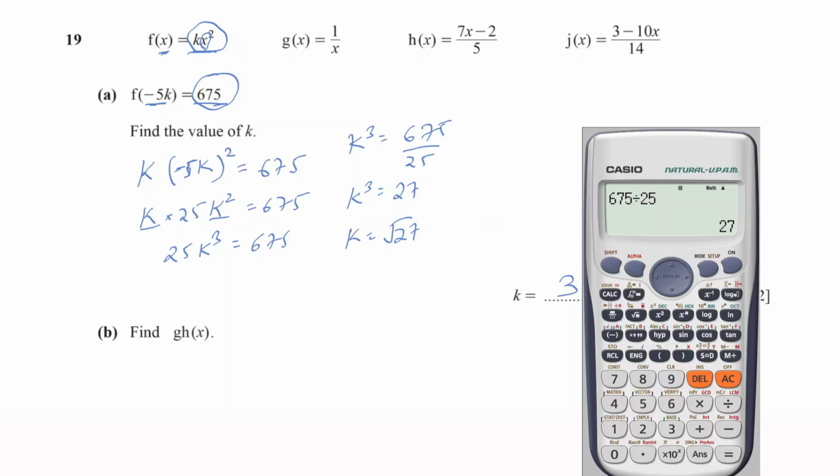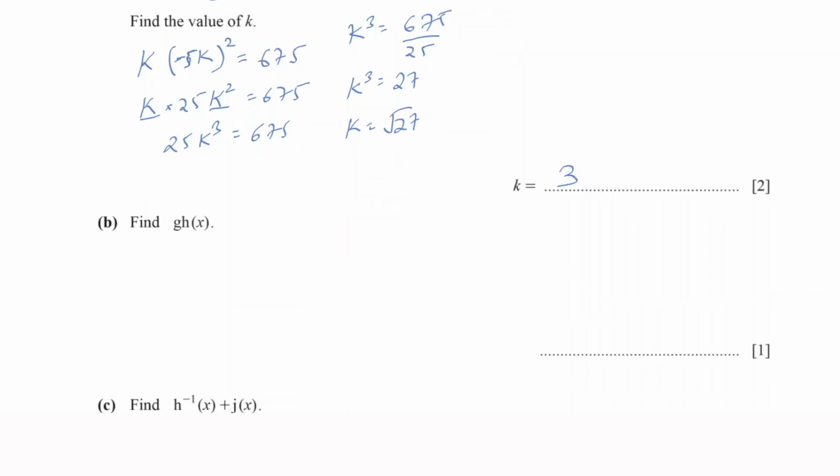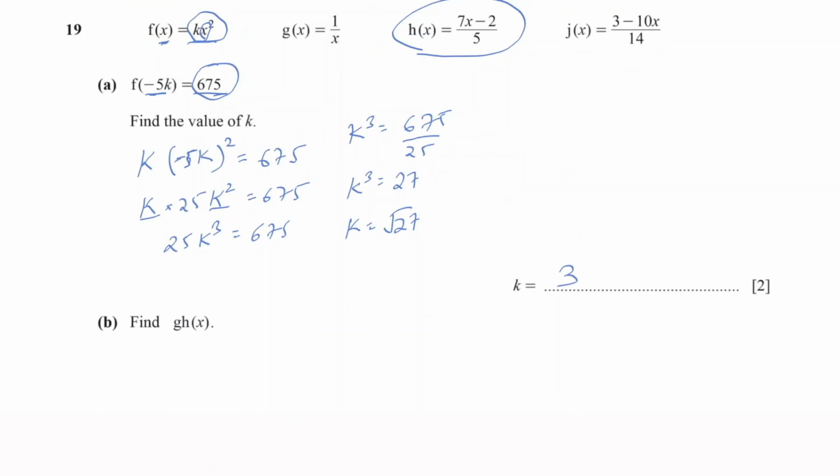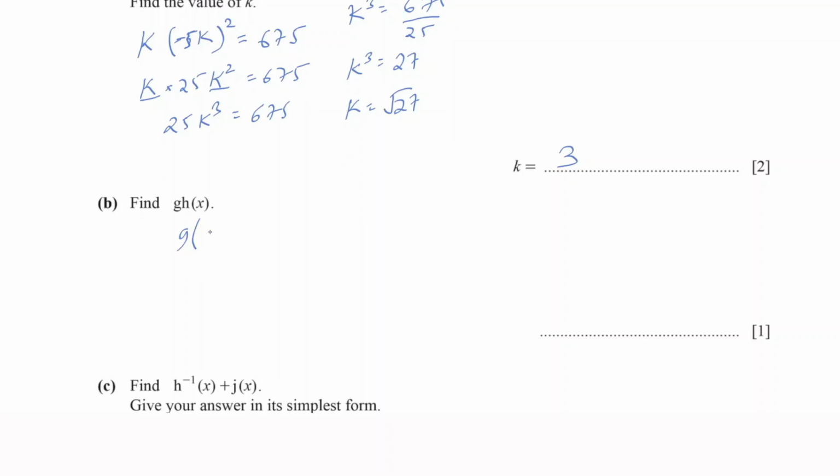Part B: g of h of x, we have to find out. So here, h of x is equal to 7x minus 2 all over 5, and g of x is 1 by x.